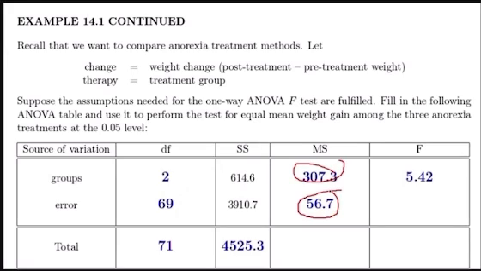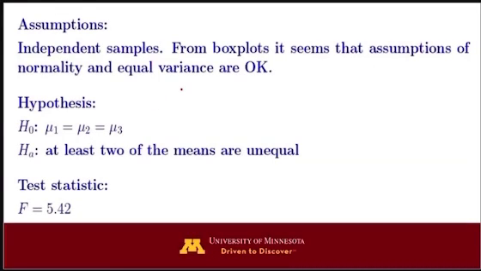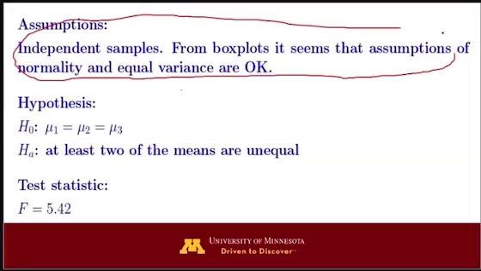Now, after getting that, let me show you the hypothesis in the first place. Look at the assumptions. How am I going to know? The first assumption said that they have to be random samples, right? You have to look at the question whether they mention random sample.